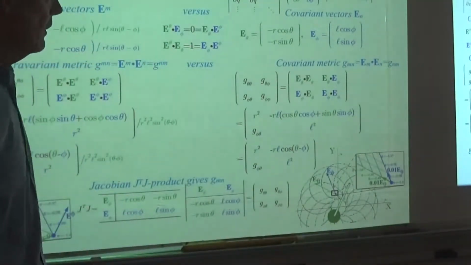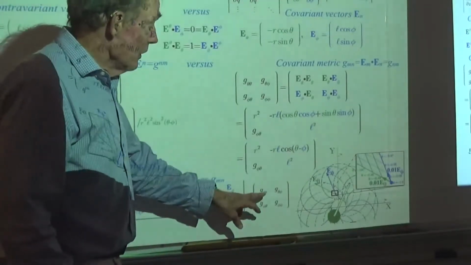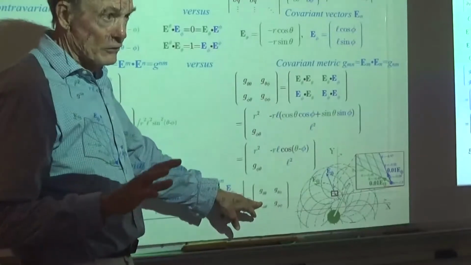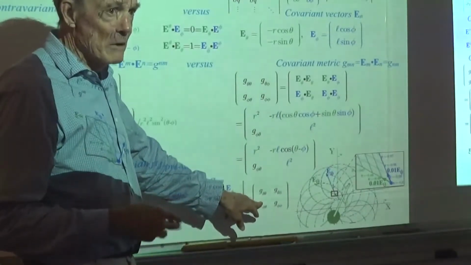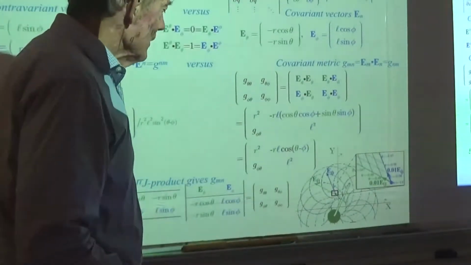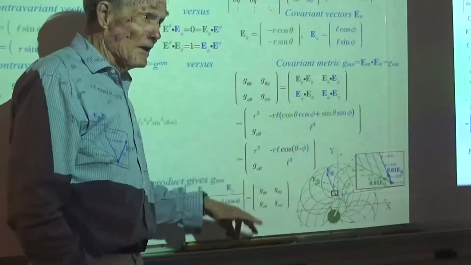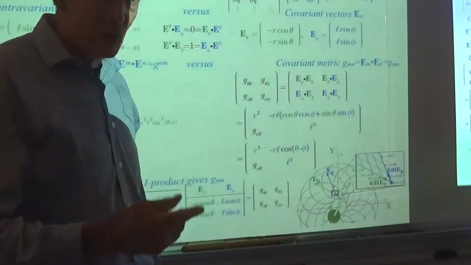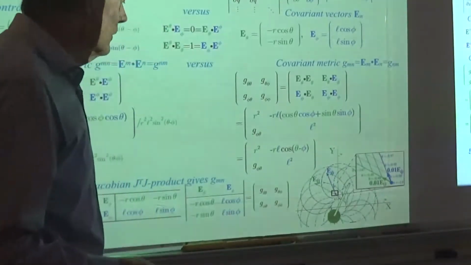But we're going to be using the contravariant one when we discuss the Hamiltonian approach to this particular problem. Hamiltonian, remember, uses the contravariant metrics and momentum as the main independent variable.